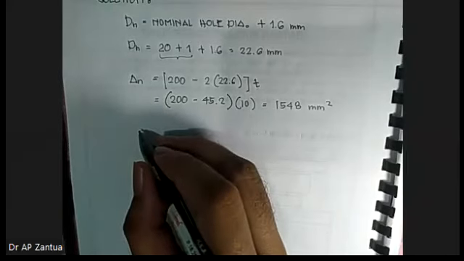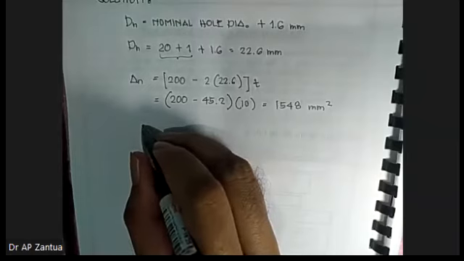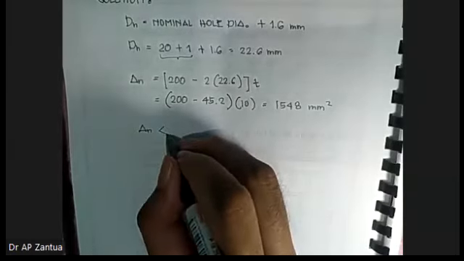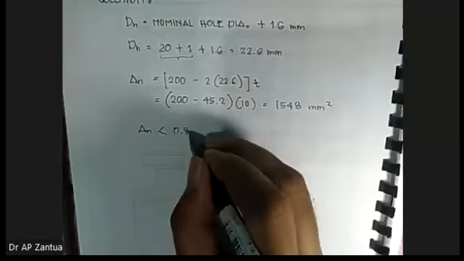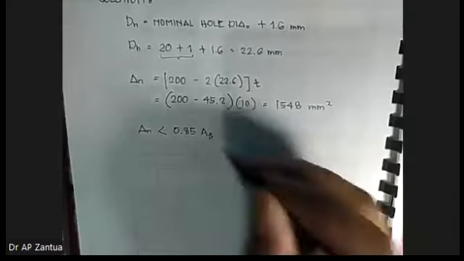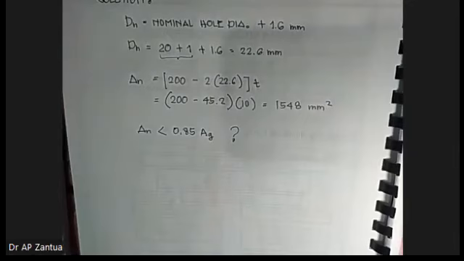We can compare this AN to 0.85 AG. Is it okay or not? What is AG?